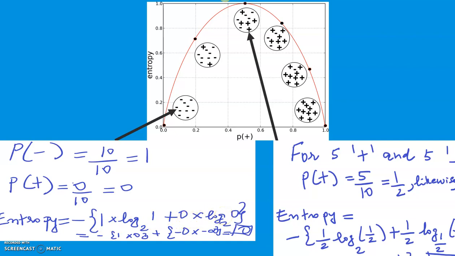And again, you may need a little refresher on how logarithms are computed, but the log of 1 to any base, whether it's 2 or 3 or natural logarithm e, log of 1 is always 0, and the log of 0 is negative infinity, and so it's 1 times 0, and so essentially the entropy computes to 0 for this set.